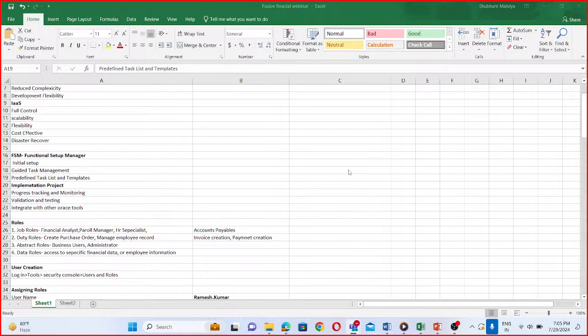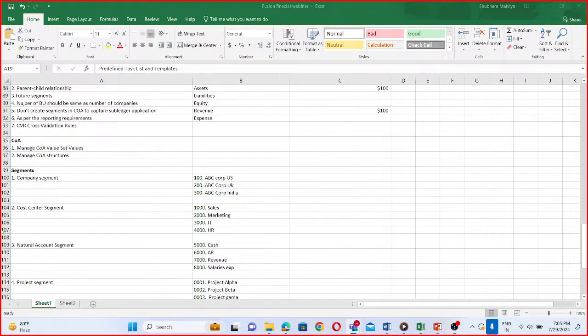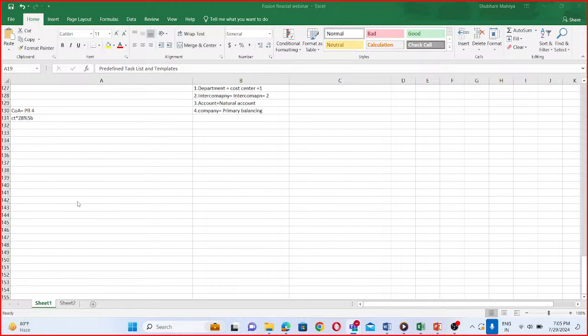It provides a framework for the financial year, allowing organizations to plan, execute and monitor their financial activities effectively. So here is a detailed explanation of the accounting calendar and its importance. Today's session we are going to start with the accounting calendar. Then I will recap all these things.